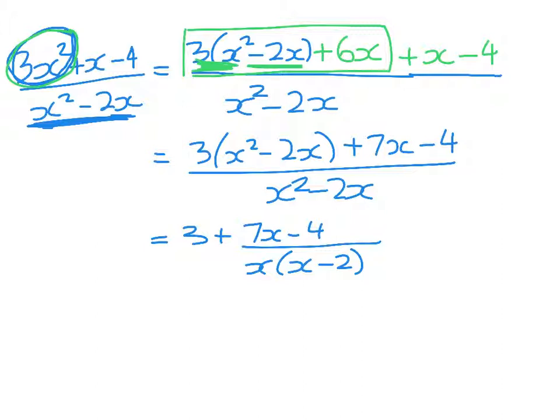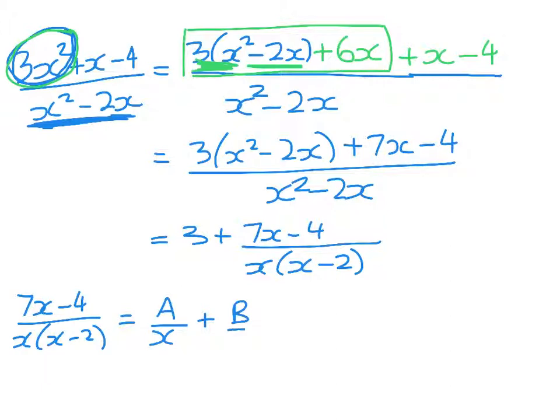Okay, so we now do a second step of the problem, which is to say 7x minus 4 over x times x minus 2 is equal to a on x plus b on x minus 2. Working with the numerator, 7x minus 4 is equal to a times x minus 2 plus bx.